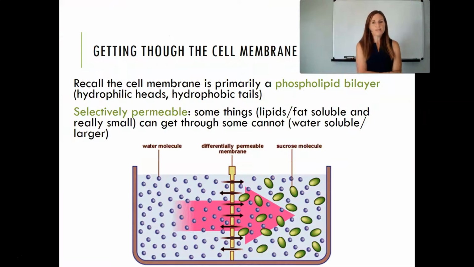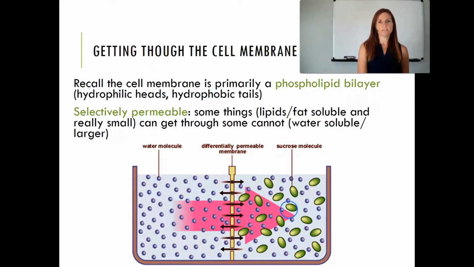Before we can really get into transport, we need to think about how something would move through the cell membrane. So remember that the membrane is made of those phospholipids with their hydrophilic heads and their hydrophobic tails. And so some things can move through the membrane without any problem, but other things cannot.